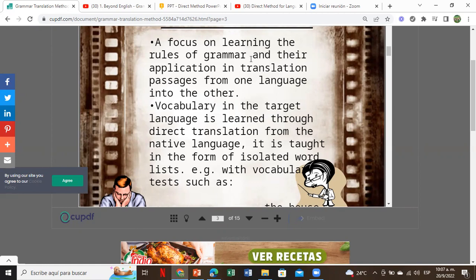I don't like when teachers say, okay, what does house mean? Casa. I'm not saying that this is wrong, but the problem is that people like to translate everything. They like to translate English into Spanish and vice versa.